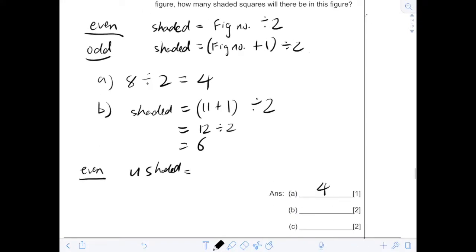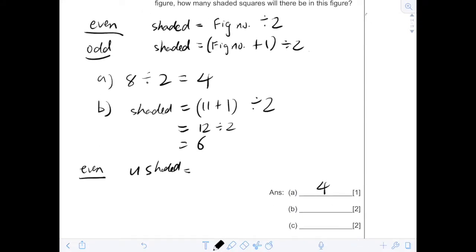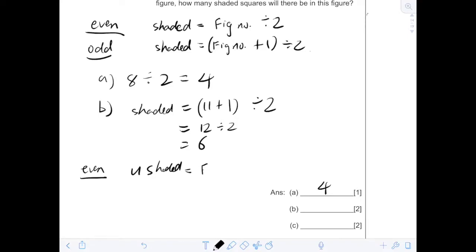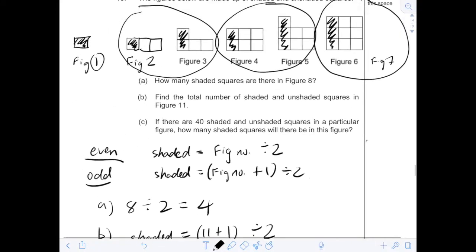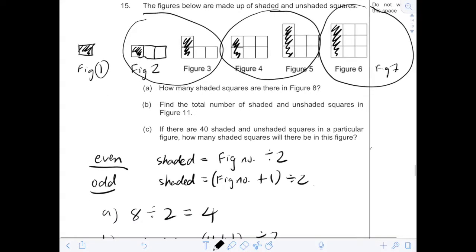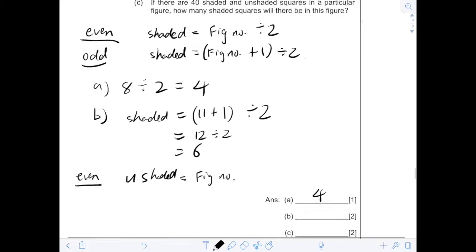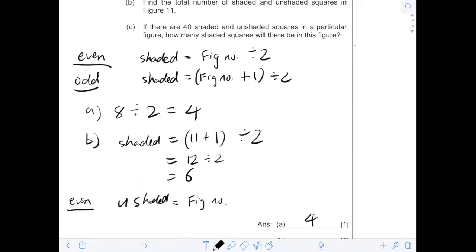So the rule for the unshaded ones when it's even, the unshaded ones will be equals to the figure number, let me check. The unshaded one will be equals to, okay, for even, it's just the figure number, full stop.